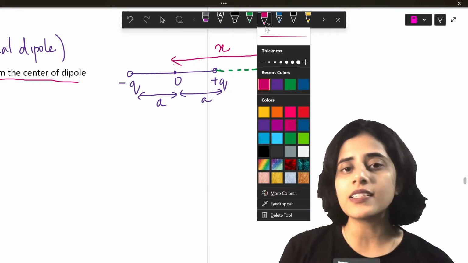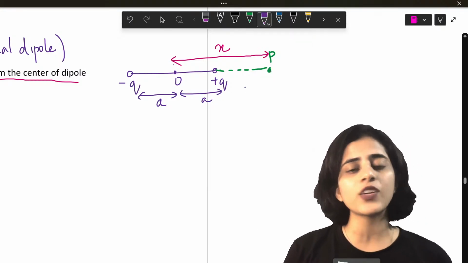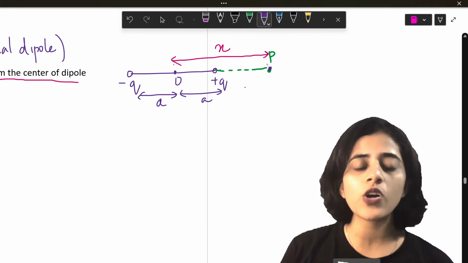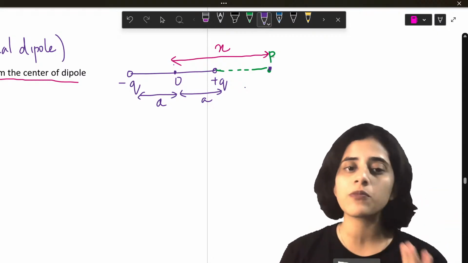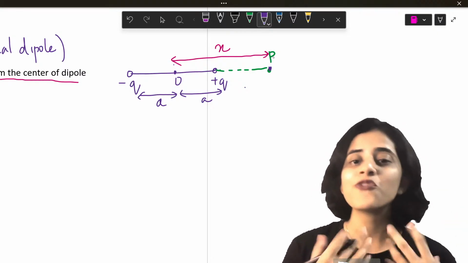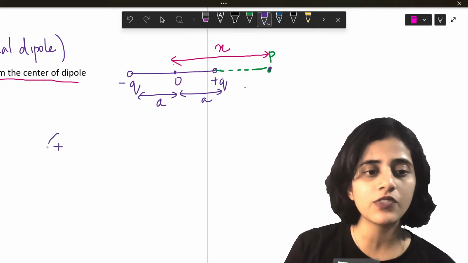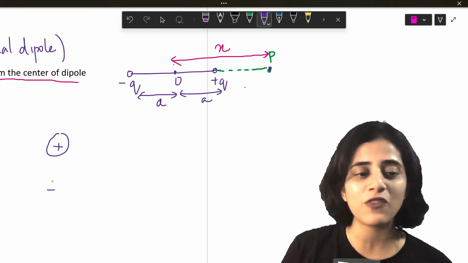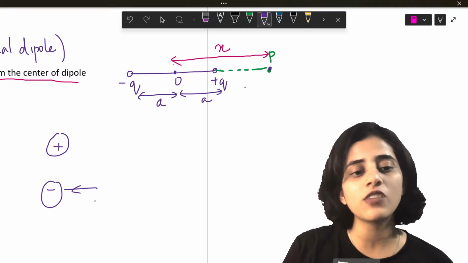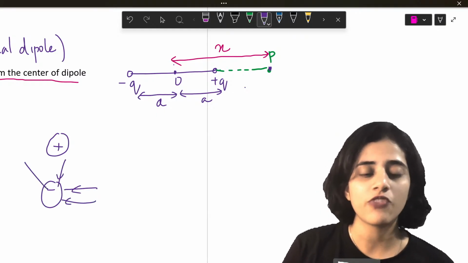Okay. Now let me consider the electric field that's acting on point P. Because of the charge minus Q, it will have a field at point P. If you have a negative charge, field lines always move in, isn't it? We've learned that.